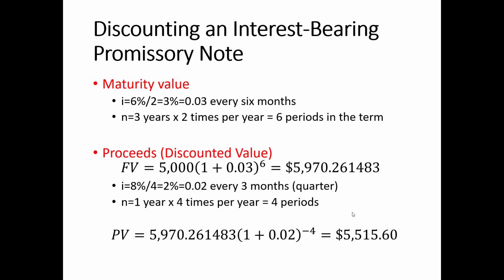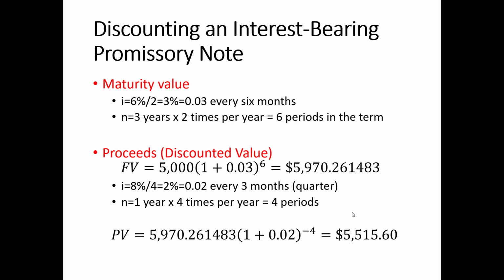Right, and we have the $5,000. Periodic interest rate is 0.03. It's 6 periods because it's 6 periods into the future, and we get $5,970 and a whole bunch of cents. Okay, so that's how much we will receive in the future. That is our maturity value. Step 1, check it off.